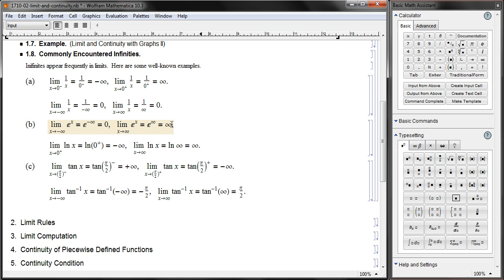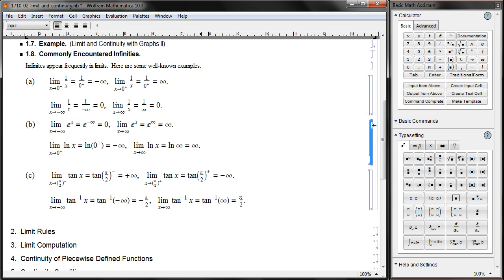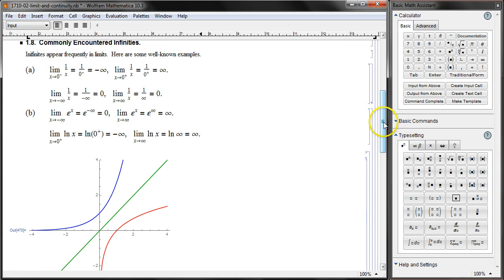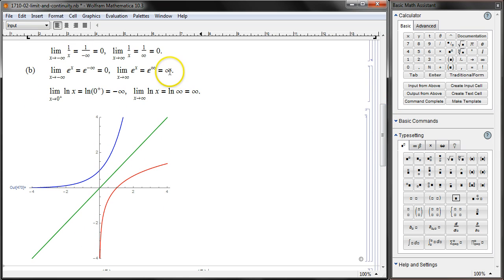This time exponential function and logarithmic function. Again, let's look at the graph, and here we go. Exponential function here, if I go to the left first, negative infinity first, the exponential function behaves this way.